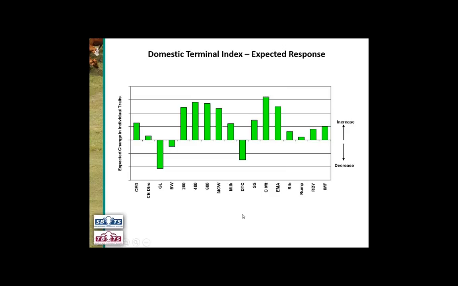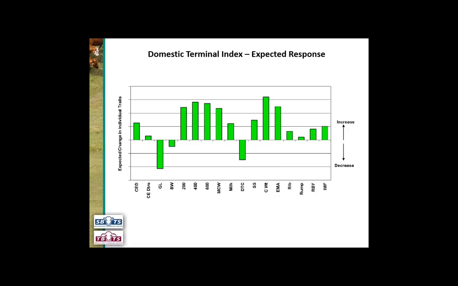So this is what we call the green graph, or in other words, the expected response if you were using sires only in the top 10% of the breed for this index. Now you'll note that even though we had no influence on maternal traits such as milk or days to calving or mature cow weight, the reality is that if you select on this index, it is going to change these EBVs.